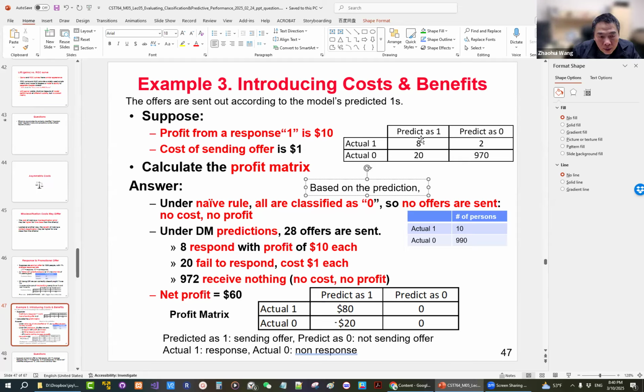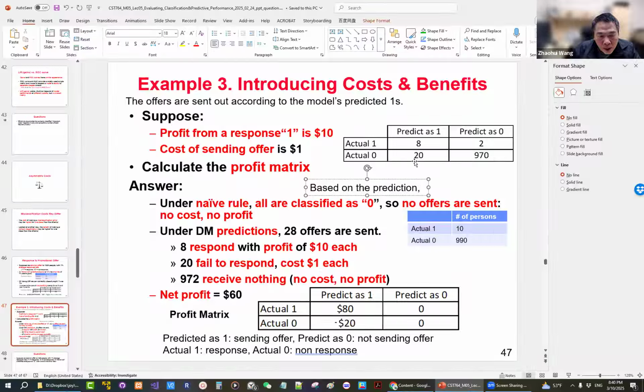And for these 8, we predict to be 1. That means we send out offers to these 8 people, and they have the response, so they will have the profit of 10. So 8 times 10 will be 80. So these 8 cases will be the benefit or profit.